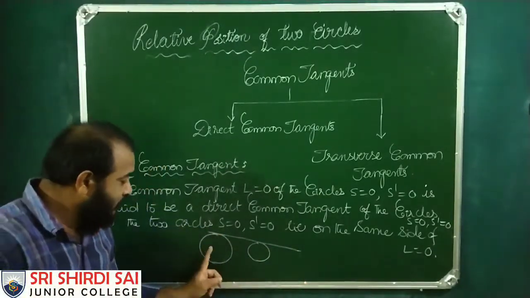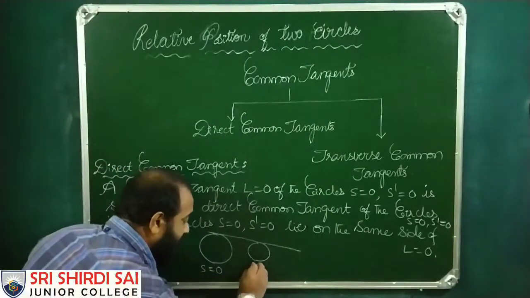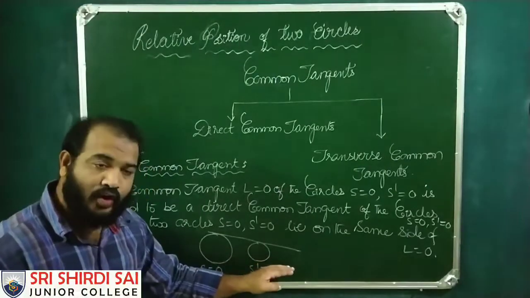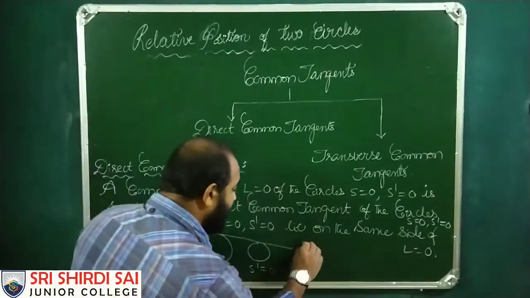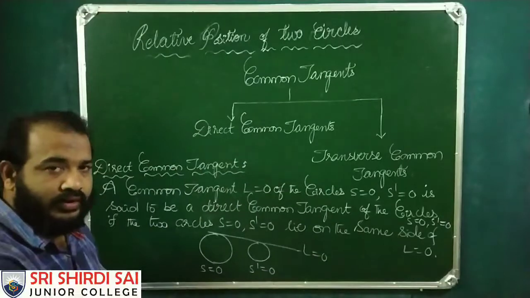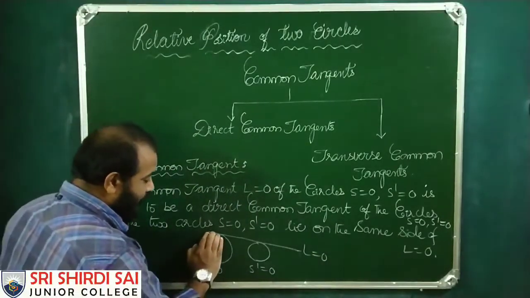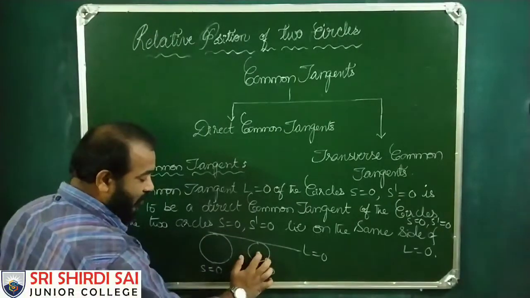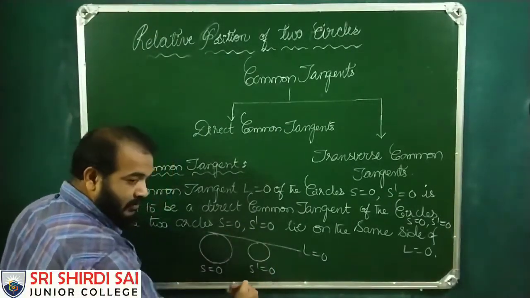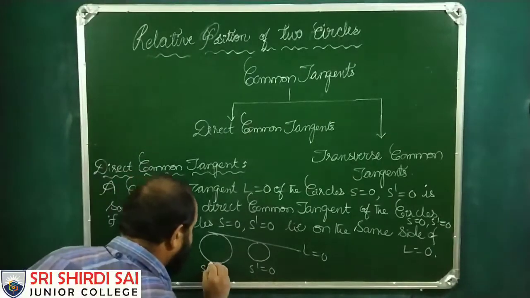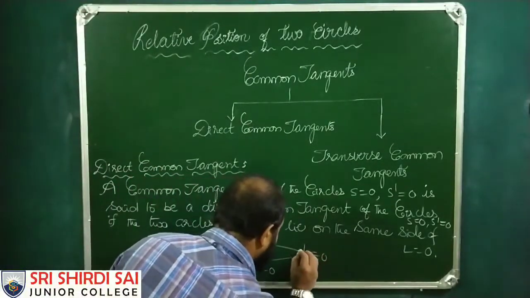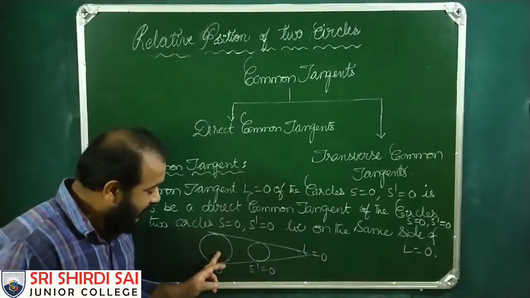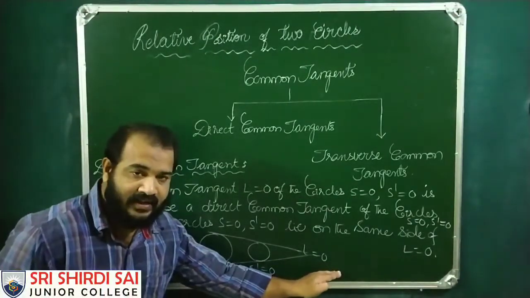And these two circles S equals 0, S dash equals 0 are lying on the same side of the line L equals 0. For this line, these two circles are lying on the down side. Otherwise, for this, these two circles lie on the same side of the line.